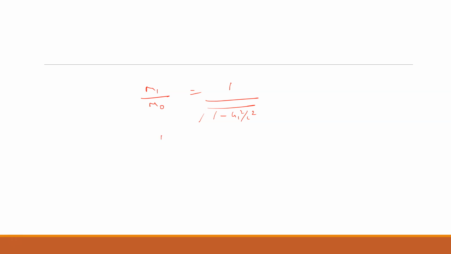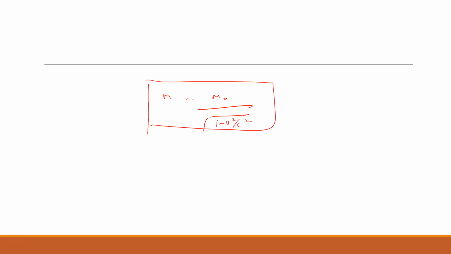Now assume m1 equals to m and u1 equals to v, because now there is no comparison with 2. So it will become m divided by m naught equals 1 root of 1 minus v square by c square, or m equals to m naught root of 1 minus v square by c square.